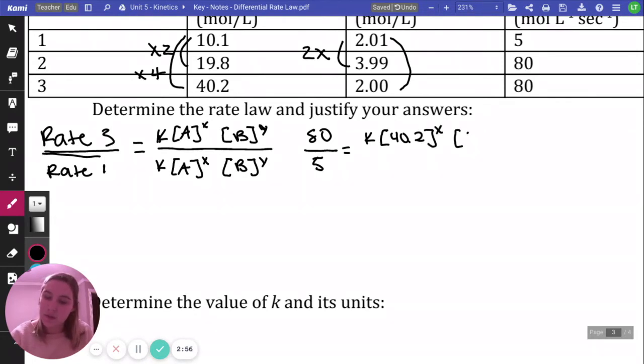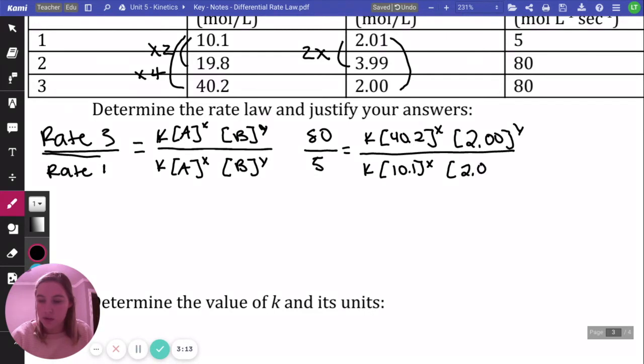And my concentration for B is 2.0 to the Y. Then we're also going to plug in rate 1. So again, k times my concentration of A, which is 10.1 to the X, and then 2.01 to the Y.